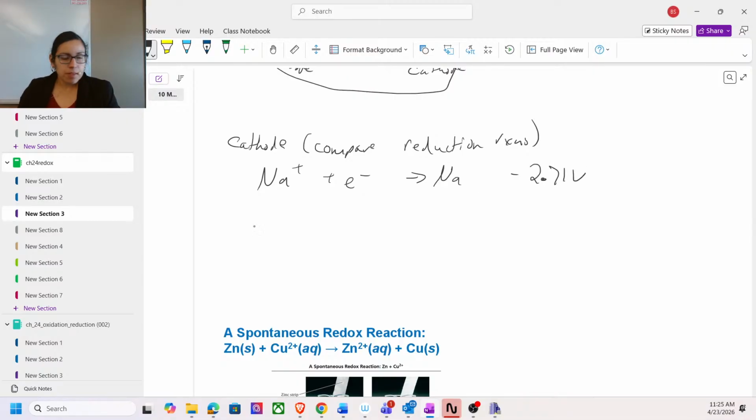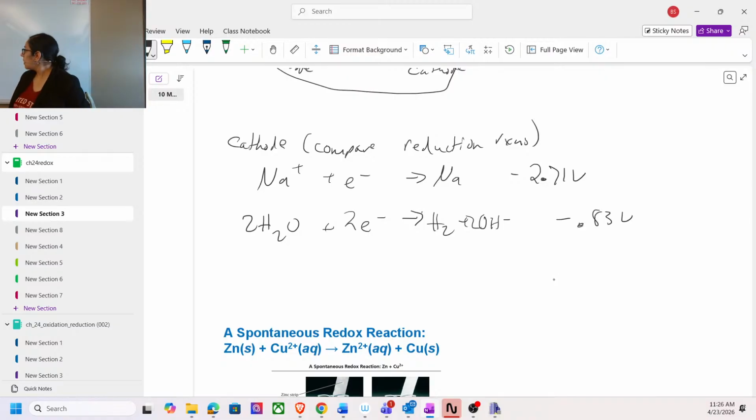But then when we looked at the water, and our water, and this is what your lab was saying, this process is less negative, and so that means it's going to happen first.